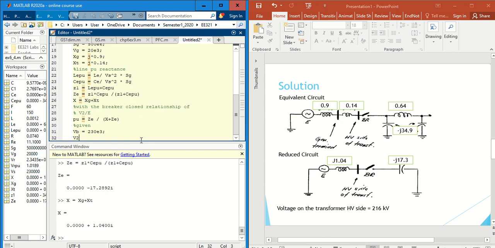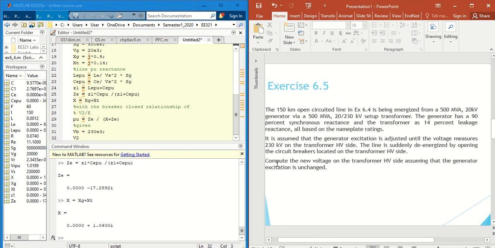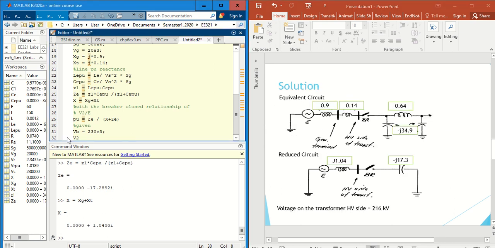Therefore V2, let's just go back: the question says compute the new voltage on the transformer HV side, assuming that the generator excitation is unchanged. And it also mentions that it is assumed that the generator excitation is adjusted until the voltage measures 230 kilovolts on the transformer HV side. So we're going to say V2 is equal to 1 per unit. Remember why? Because it is 230 kilovolts, so 230 kilovolts divided by V base, which is 230 kilovolts, is equal to 1.